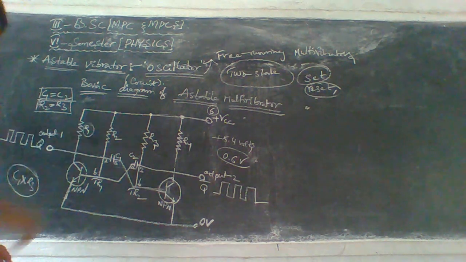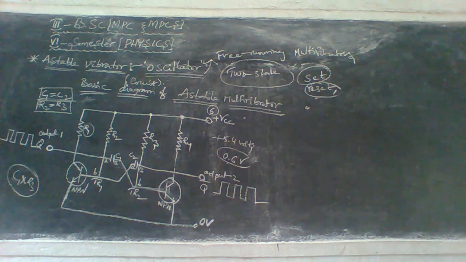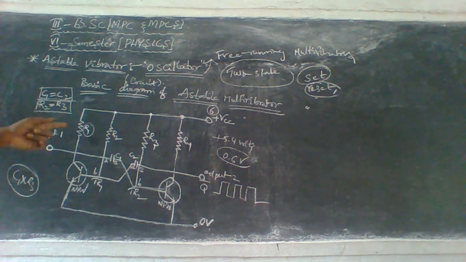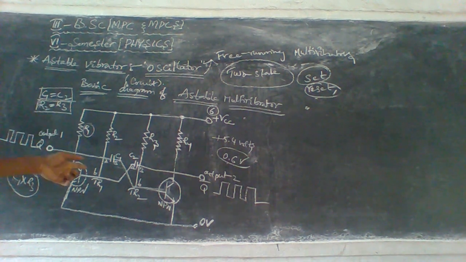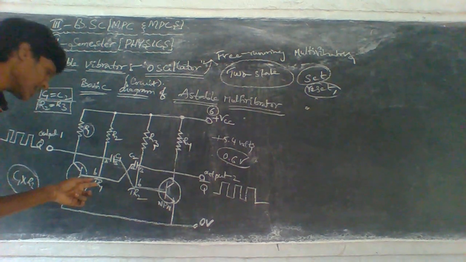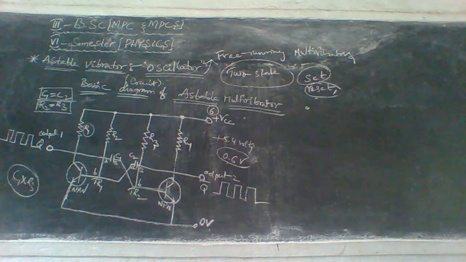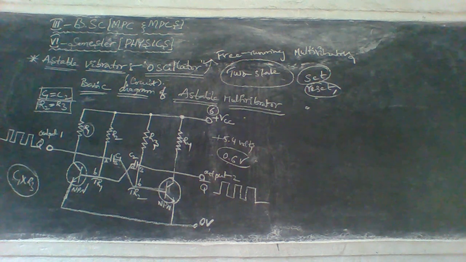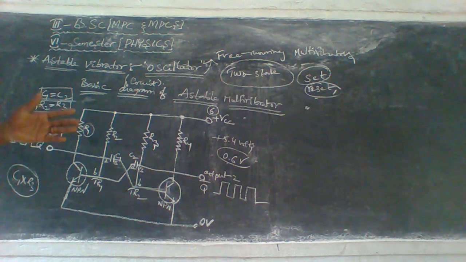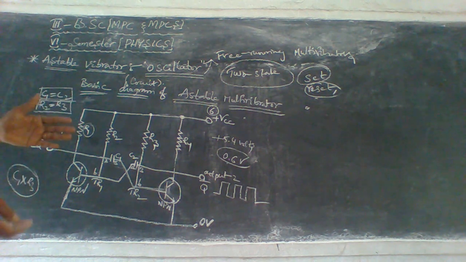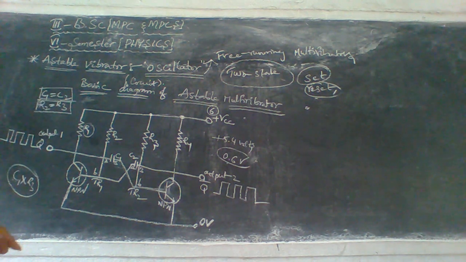So we can see that the circuit alternates between one unstable state in which transistor TR1 is off and the other. Then we will discuss the astable multivibrator periodic time.